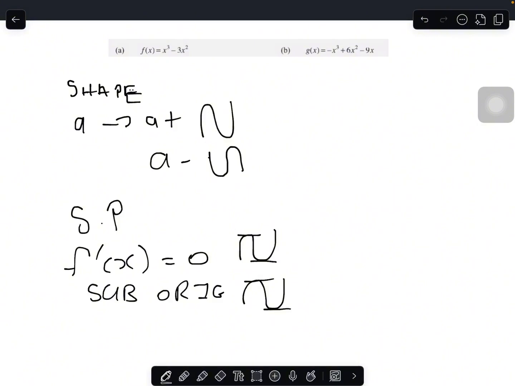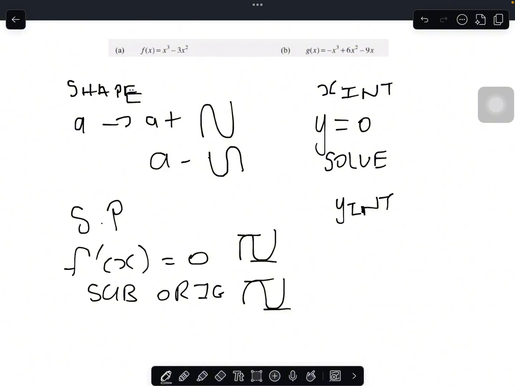The next thing that you need is your x-intercept, and to find your x-intercept you're just going to let y equal 0 and then solve. Then you're also going to need your y-intercept, which you just let x equal 0 and solve.